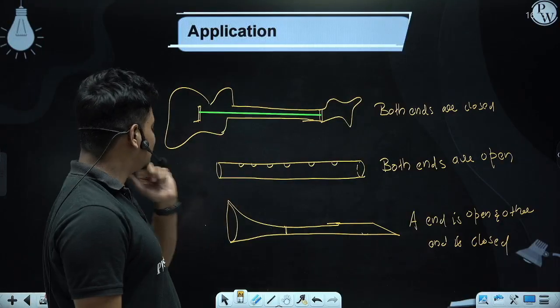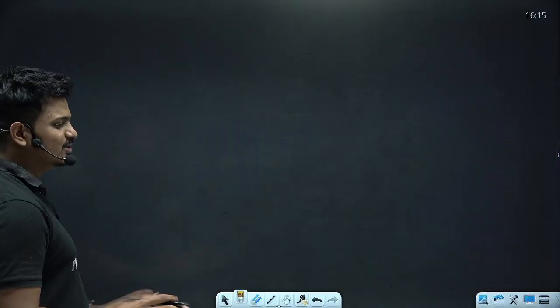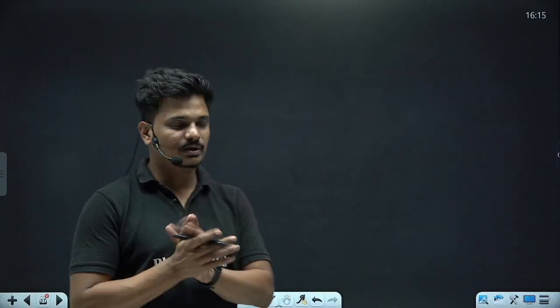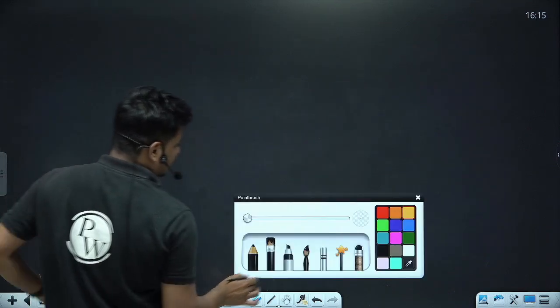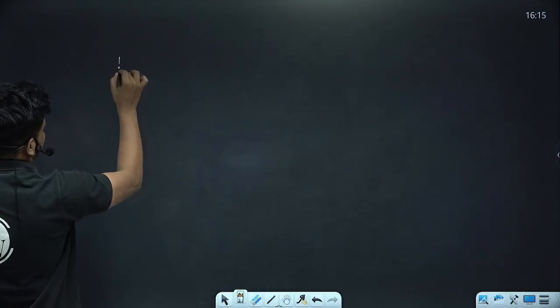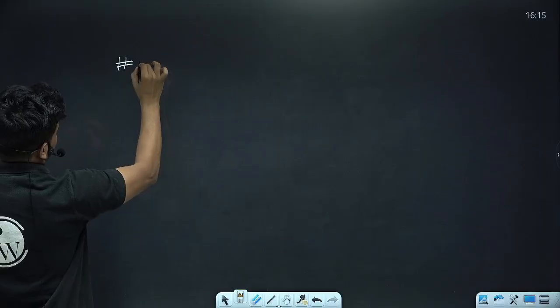So before going to that section, you just remember this one. Okay, you just remember three terms. That means just note these 3 points. The first is the minimum frequency.